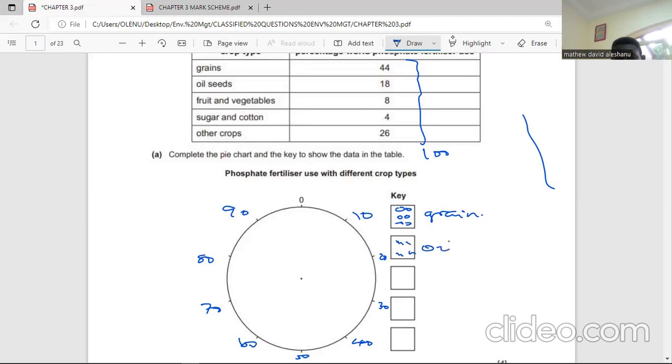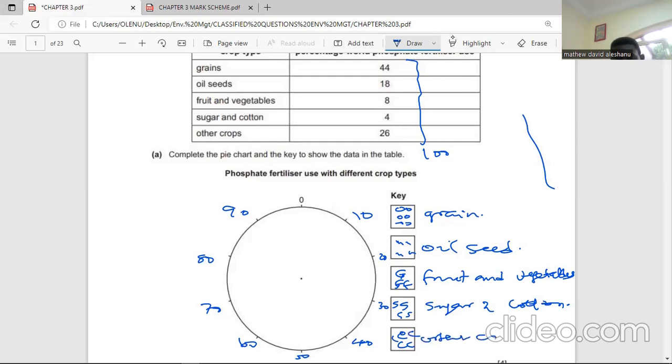For fruit and vegetables, let me use your name, gift. While sugar and cotton, let me use S. For other crops, since I've used both for grains, CCC.